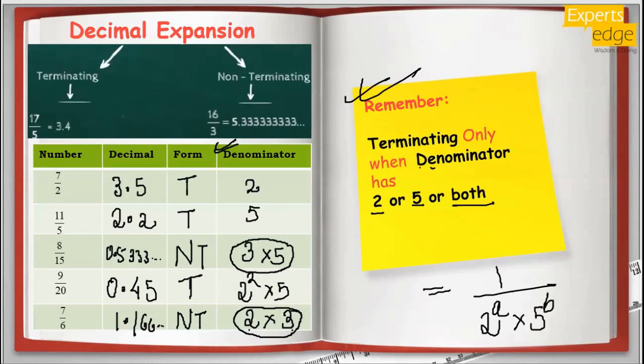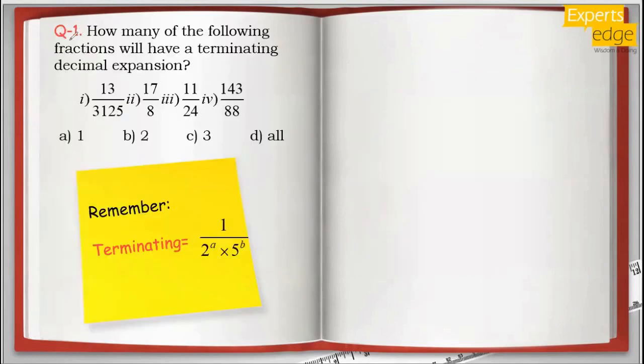Right? So let's take a question on it. How many of the following fractions will have a terminating decimal expansion? I hope you must be knowing this. Let's quickly recap this part. 5 to the power 1 is 5.